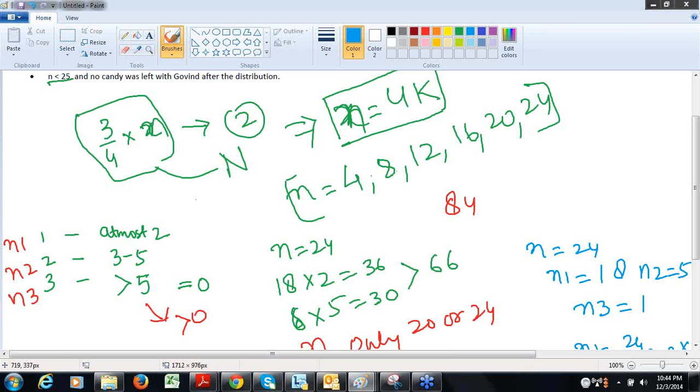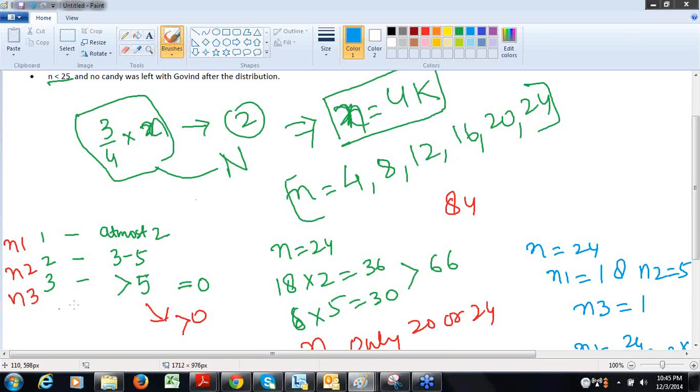Less than 1. 5% of 8 will be what? Less than 1. Similarly, 5% of 12 will be what? Less than 1. 5% of 16 will be what? Less than 1. Only 5% of 20 and 5% of 24 will be 1 or greater than 1.